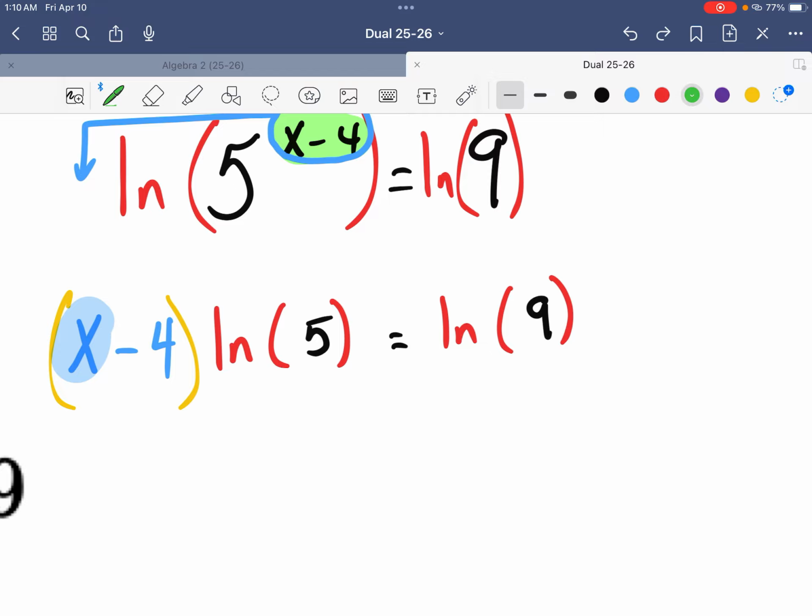So what I would like to do is move all of this ln to the other side. Because if it wasn't there, then I have this, and then, perfect, you just add 4 to both sides. But how do you get rid of it? Since you're multiplying right there in between, how do you undo multiplication? Division. So divide all of this by ln 5.